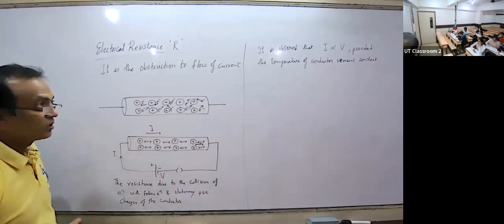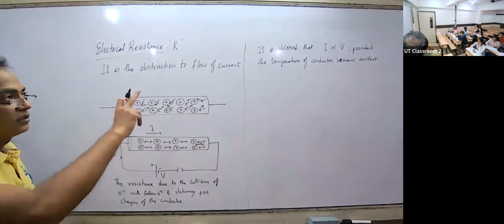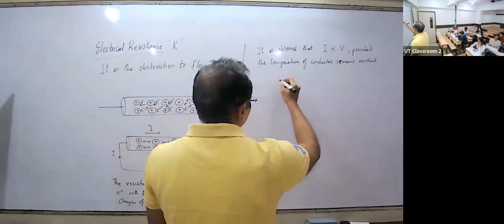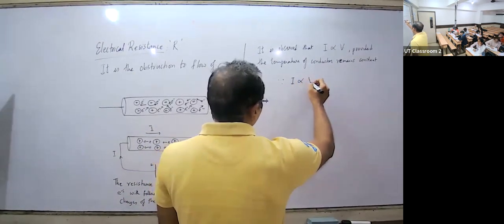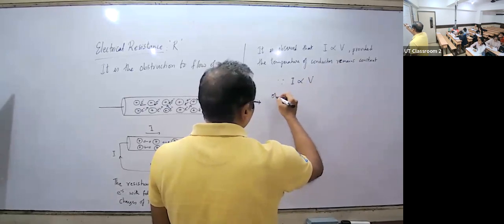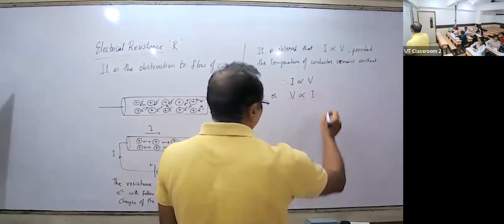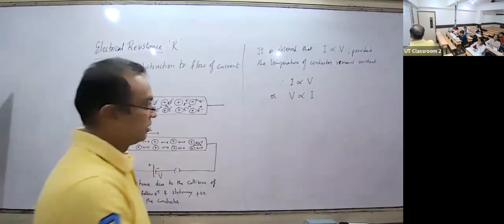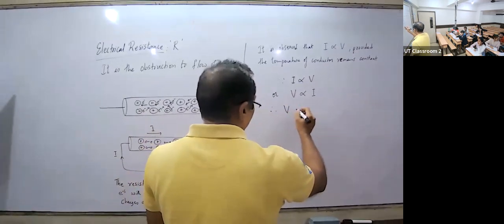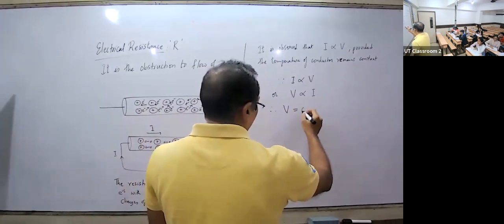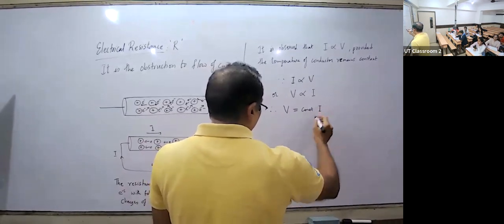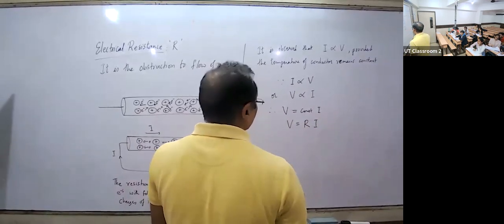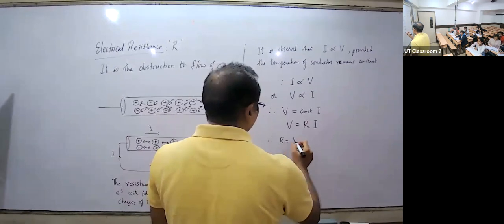When the temperature of the conductor remains constant, then we will say that current is directly proportional to applied potential difference. So since V is directly proportional to I, when there is a direct proportion, we can write either way. And therefore, V is equal to constant times I. This constant is R. And therefore, R is equal to V by I.